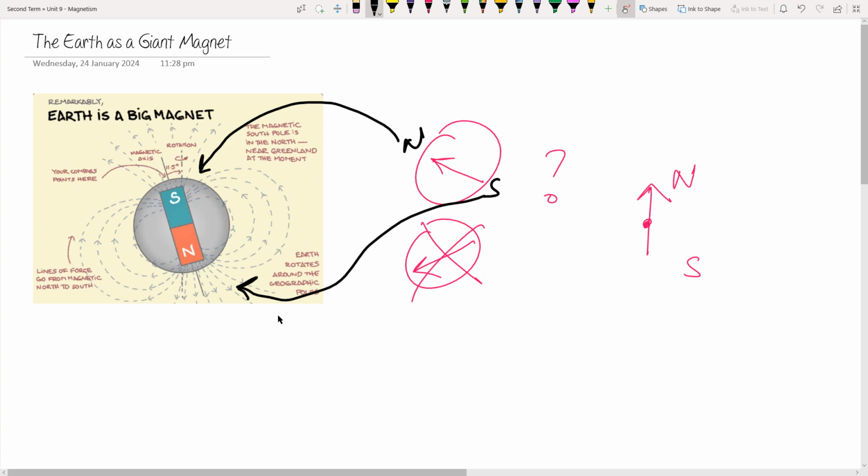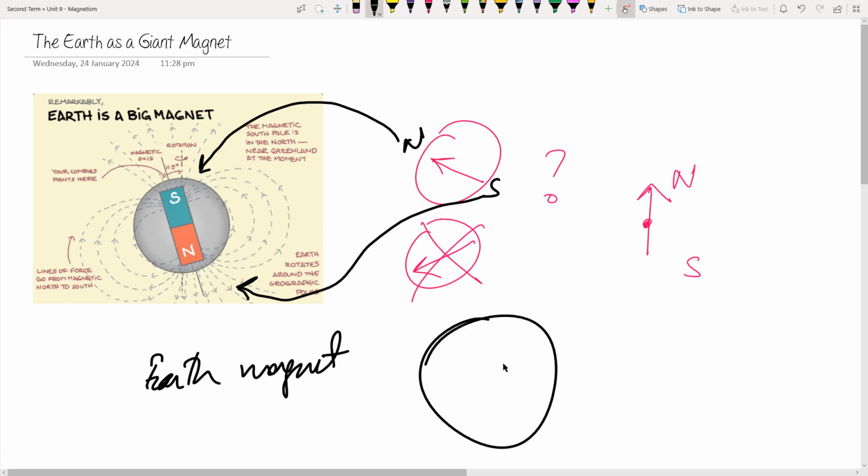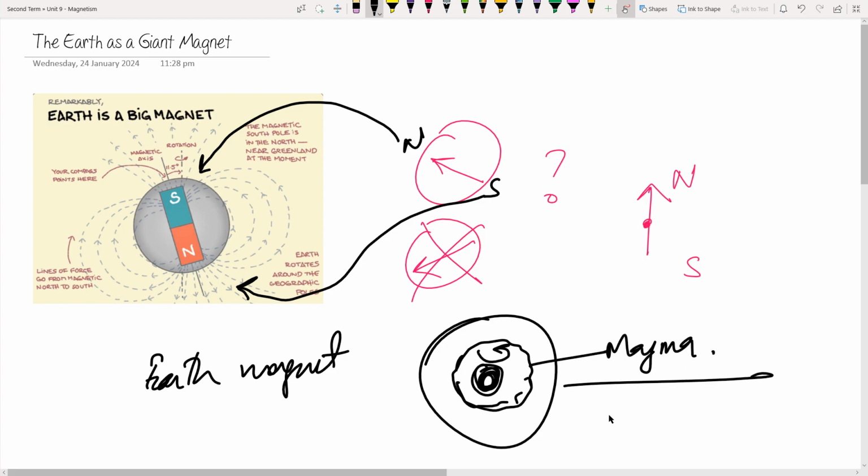So why is the Earth's magnetic field there? I told you that Earth's magnetic field exists due to the motion of the core. If you remember, we have a molten core which is spinning, and when it spins, it makes the mantle or the magma rotate, and that magma is mostly iron plus nickel.